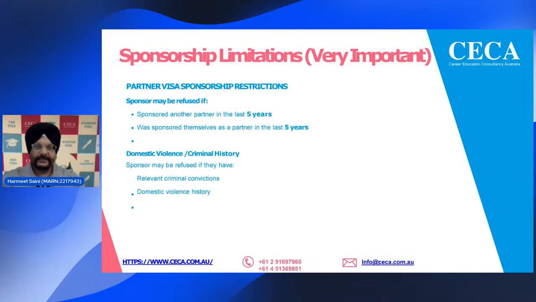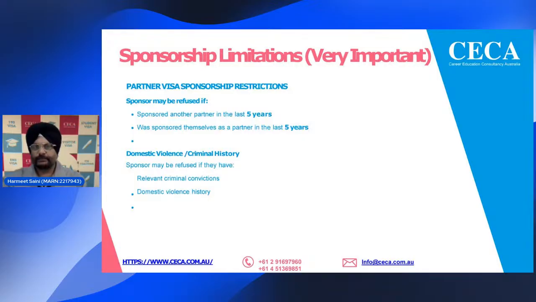Now the limitations on the sponsor. Sponsorship could be refused if the sponsor sponsored another partner in the last 5 years. So if you're going to sponsor someone else, you have to wait 5 years. Before that, you can't sponsor a second applicant. Secondly, if the sponsor was themselves sponsored on a partner visa, they still have to wait 5 years to sponsor another applicant for such visas.